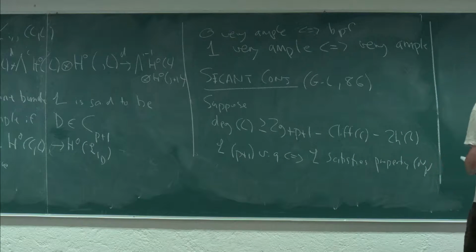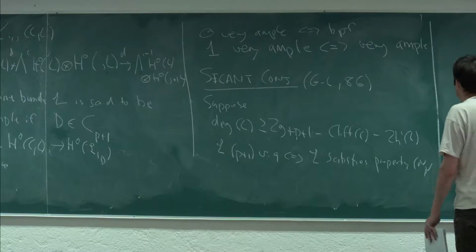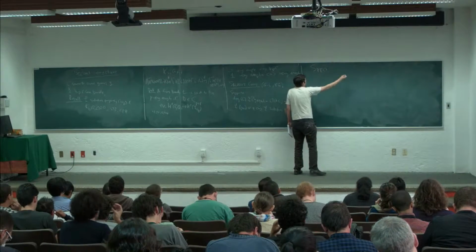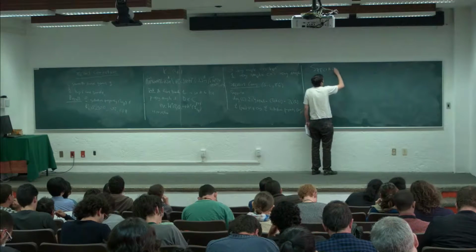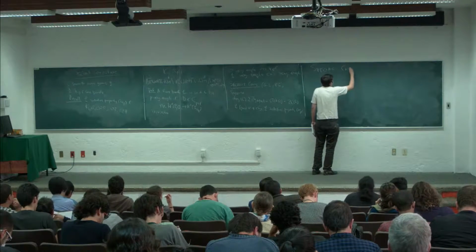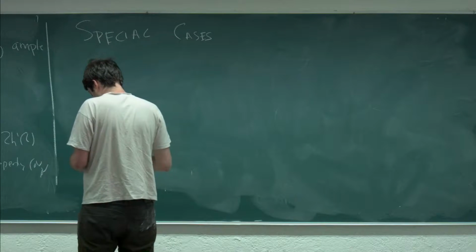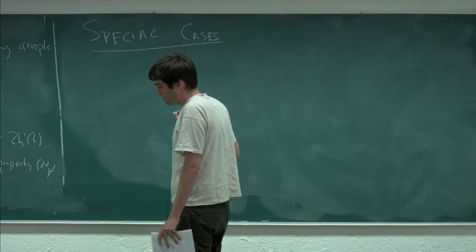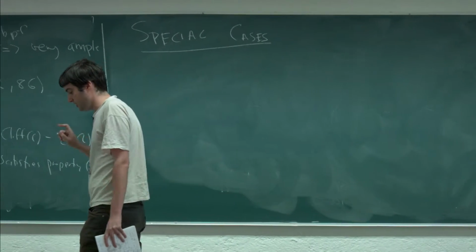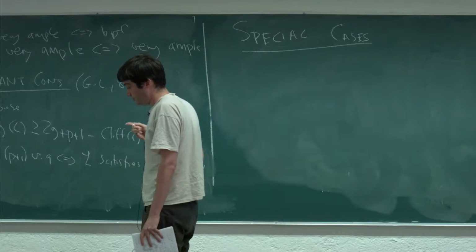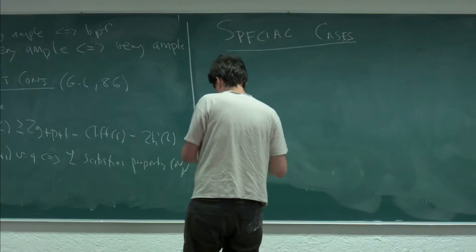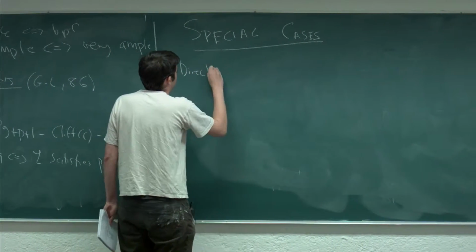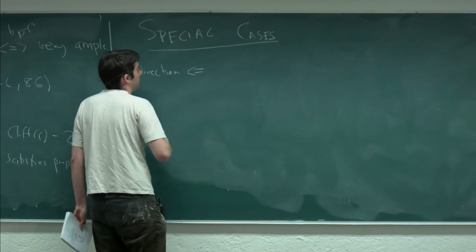Okay, so first I'll talk about some special cases. If you remember, last week Garby talked about the Green-Lazarsfeld non-vanishing theorem, and using this it's relatively easy to prove one direction. So the implication to the left is easy.